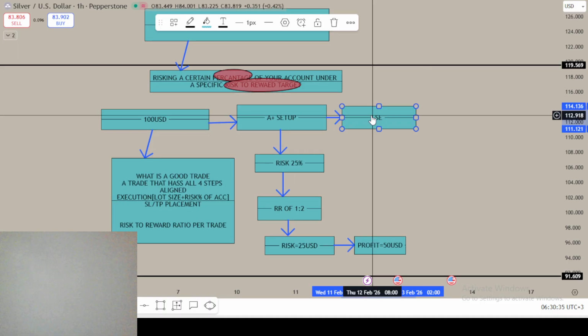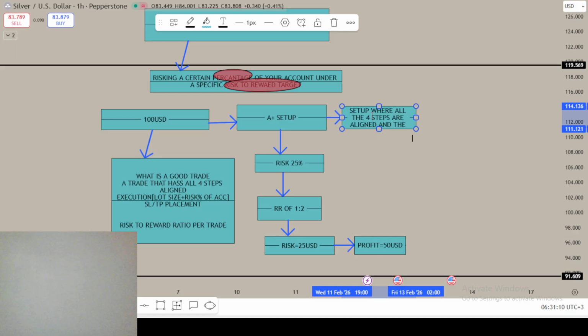A setup where all the 4 steps are aligned and the trade is especially presented during one session, during your session.